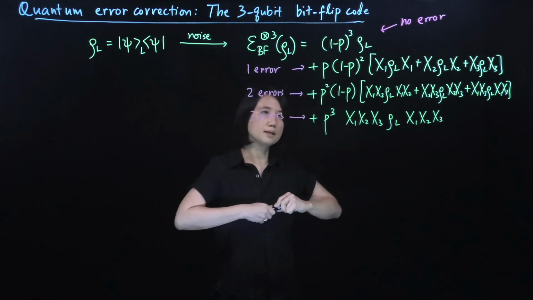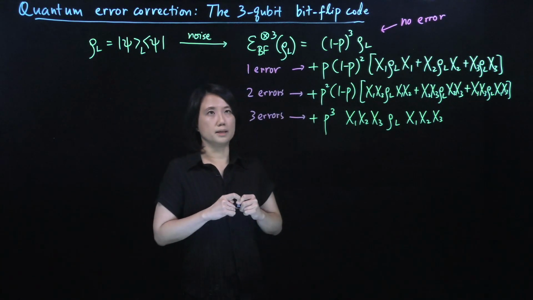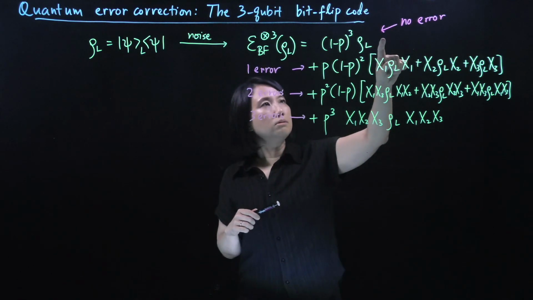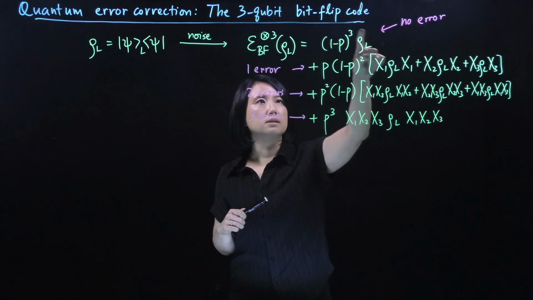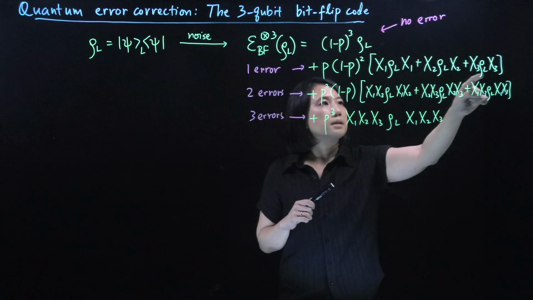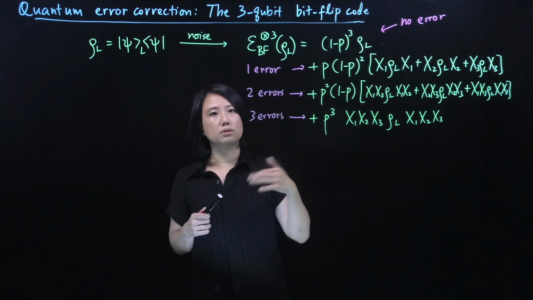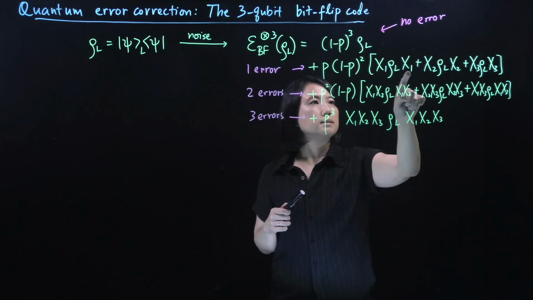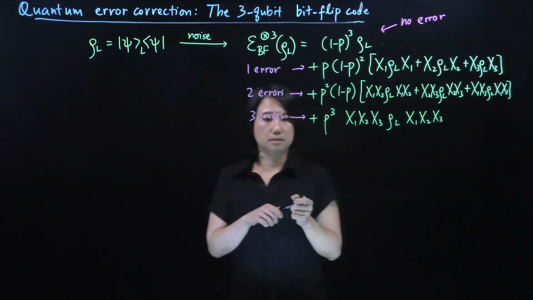Now, our recovery operation had done the following. If you refer back to the table that we had earlier, for the no error situation, I don't do any operation, so this term remains as itself. The 1 error situation, after you diagnose the errors and you apply the recovery, you are in fact removing the x1 operator, you're removing the x2 operator, and removing the x3 operator.